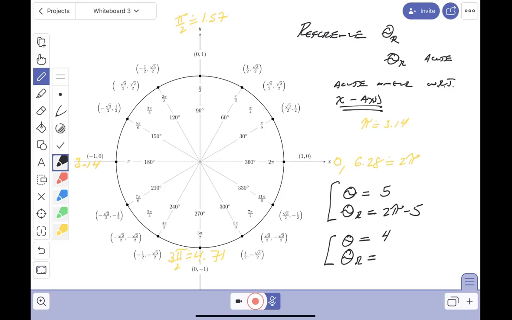Well, let's look at our picture. Just look at it. Where's 4? I hope you realize that 4 is between 3.14 and 4.71. It's over here somewhere. And what do I want? I want the acute angle formed at the x-axis. So what's the answer going to be? 4 minus pi.